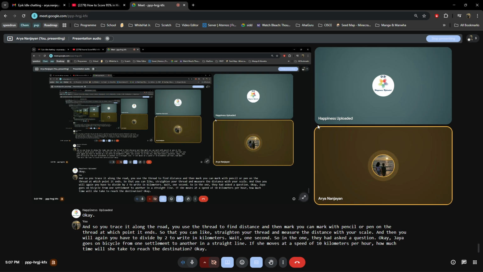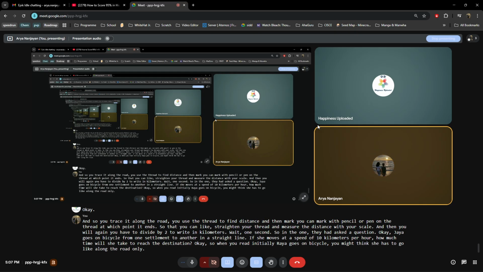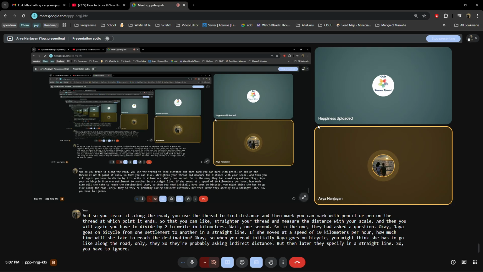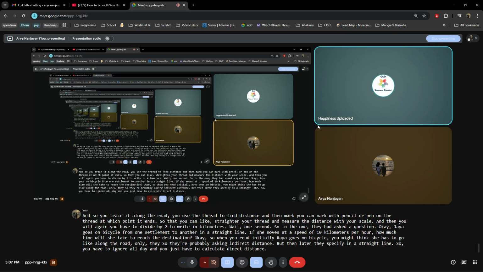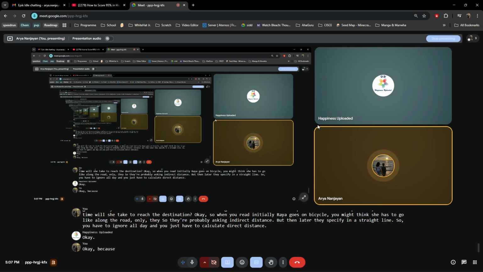When you read initially, Jaya goes on bicycle, you might think she has to go along the road only, so they're probably asking indirect distance. But then later they specify in a straight line. So you have to ignore all logic and just calculate direct distance, because they've specified straight line.